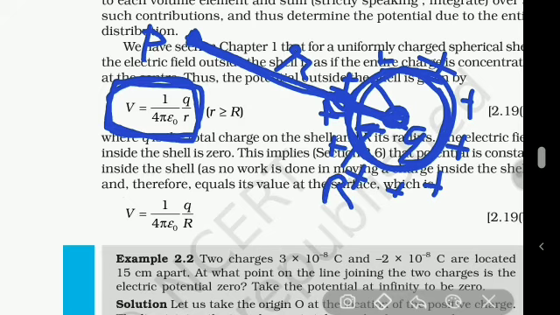So in that case also we can take this formula, but in place of small r we will put capital R, that is the radius. So the formula is not different when the distance r is greater than or equal to capital R.